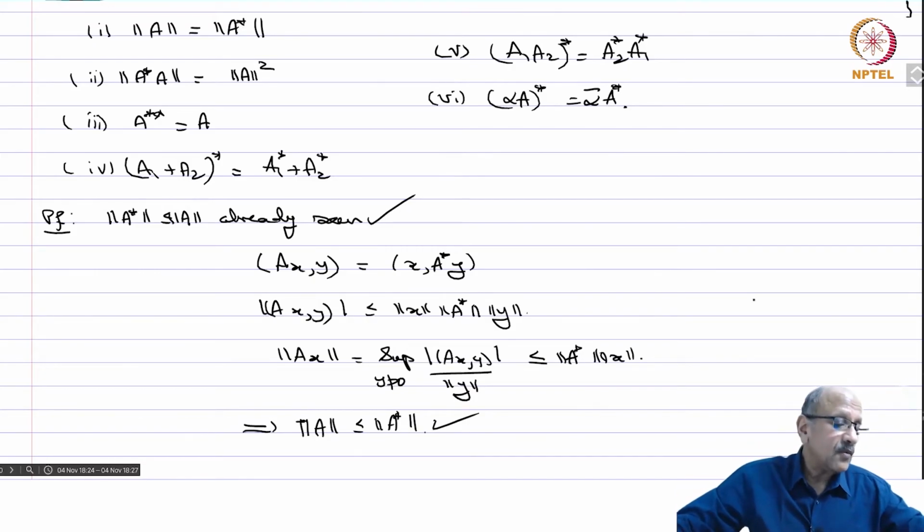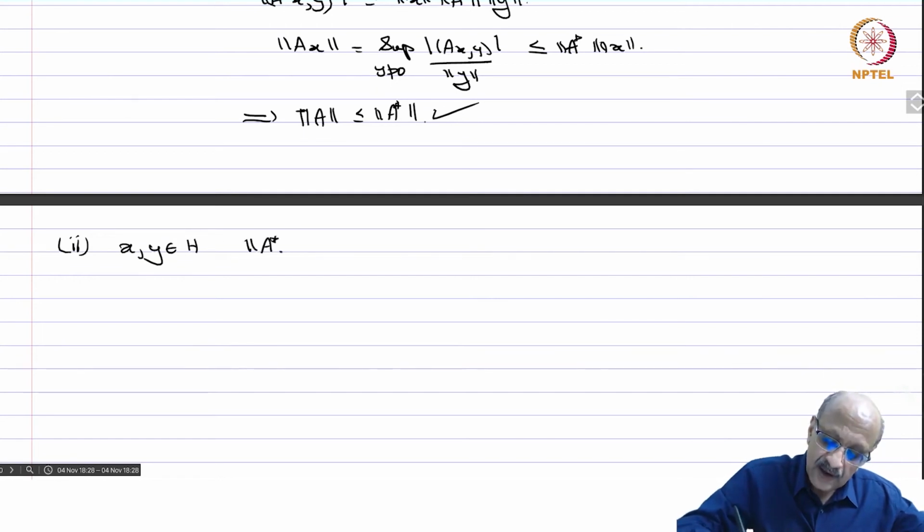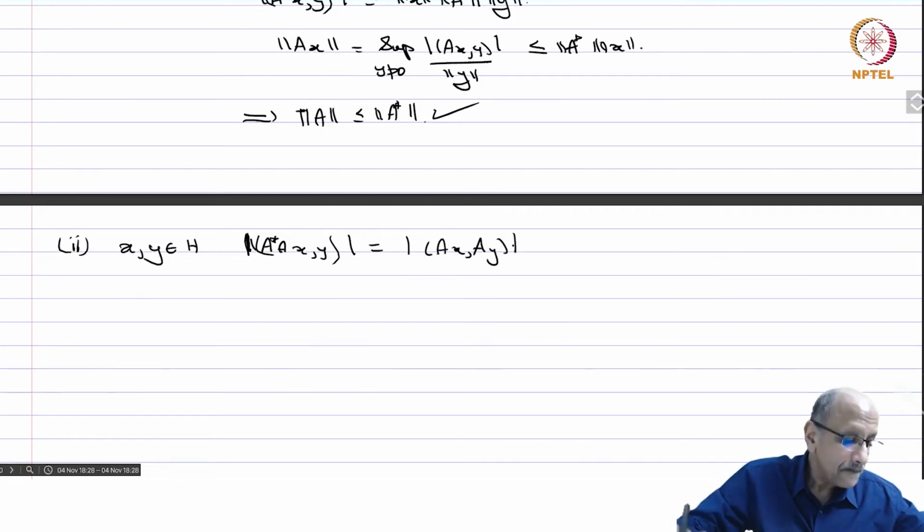Okay, so now for the second one. If x and y are arbitrary elements of H, you have |(A star A x, y)| equals |(Ax, Ay)|, and that's less than or equal to norm of A squared, norm x, norm y.